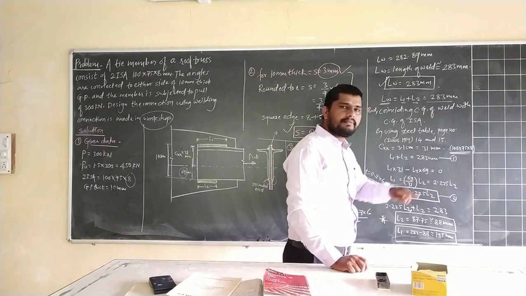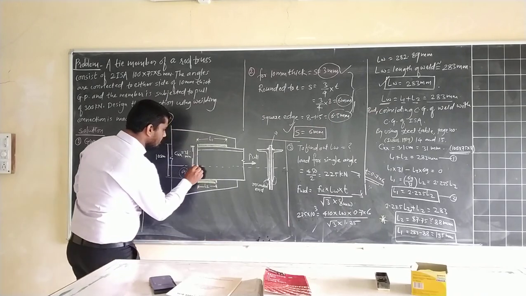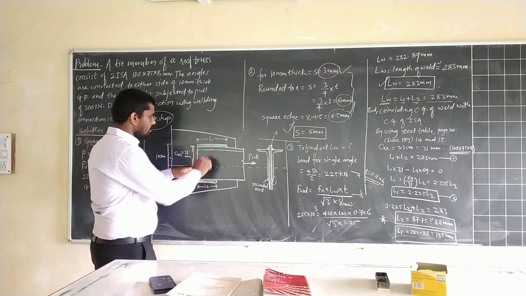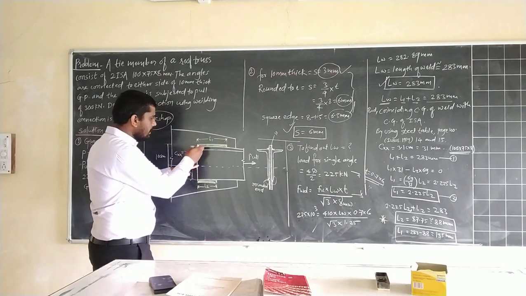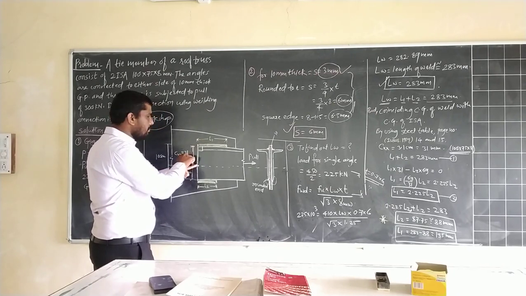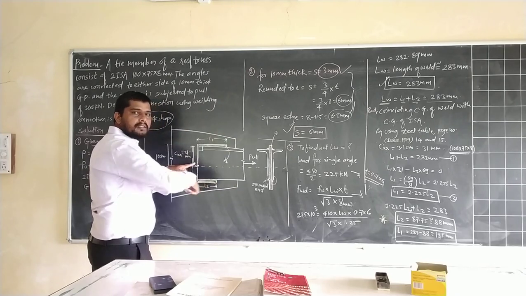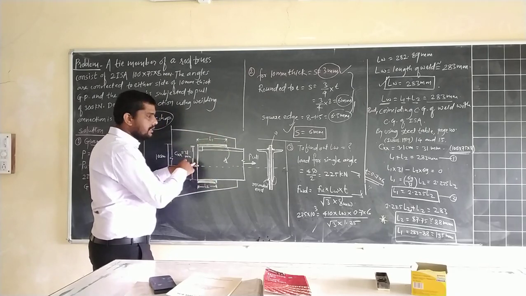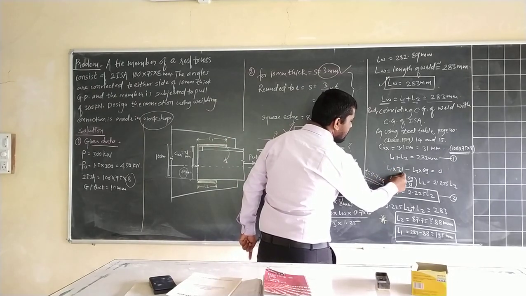So consider the first equation. Then here take the moment about this axis. This length of weld makes a 90 degree, or right angle, to the force, so the perpendicular distance will be 31 mm. It will be rotated in clockwise direction, so consider it as positive. So L1 into 31.